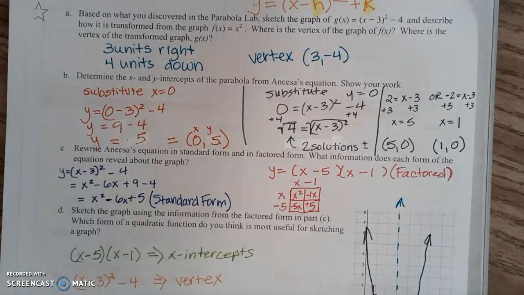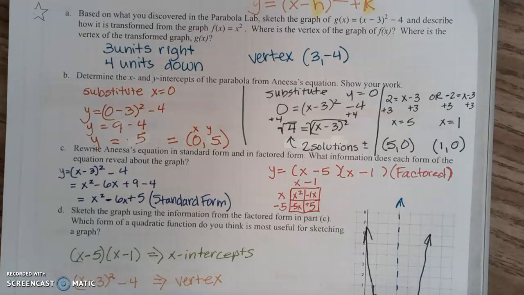So we need to do our parentheses first, our exponent next, and then do our subtracting, or sometimes it'll be adding. Okay? So 0 minus 3 is negative 3. Then we take that negative 3 and square it to get 9. And then 9 minus 4 is 5.